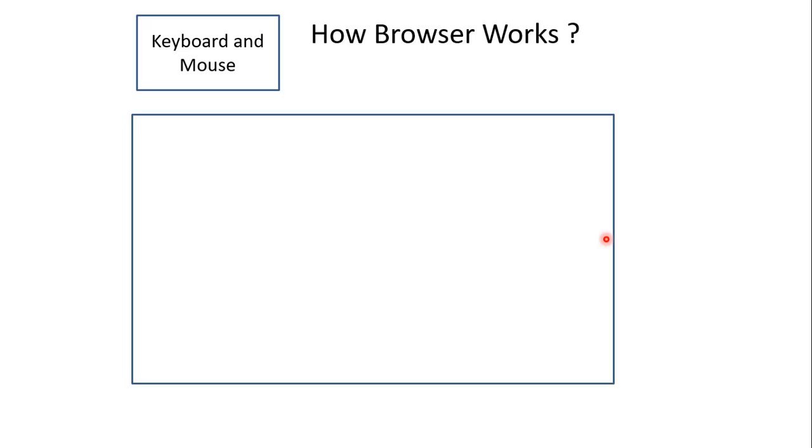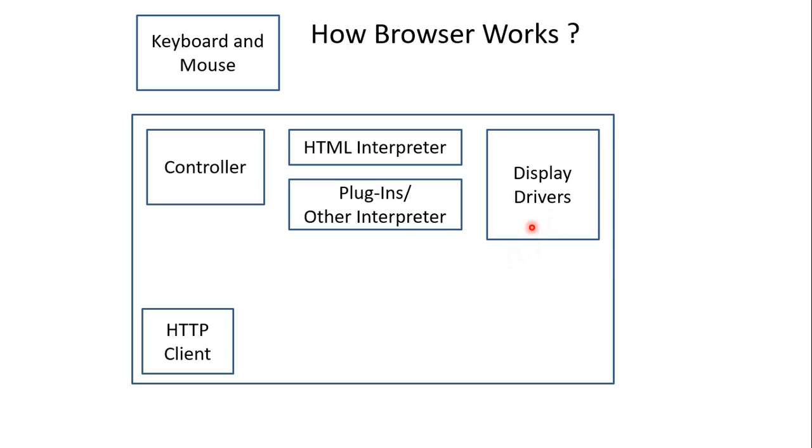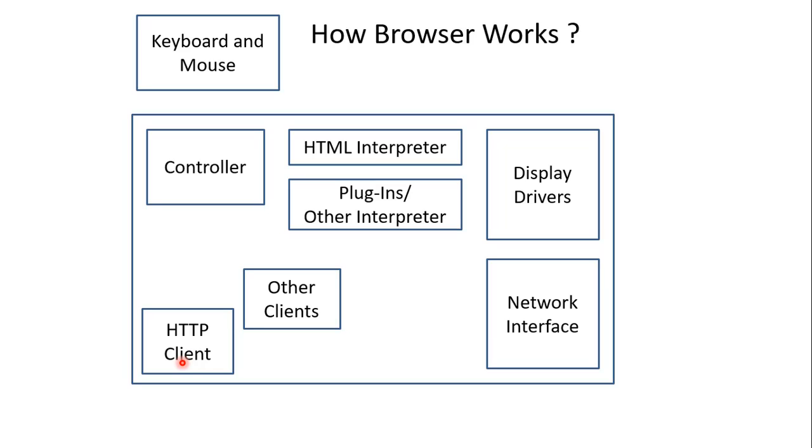Now, how a browser works. So we have the keyboard and mouse, we have a controller, then the HTTP interpreter, and here we have the display drivers. Here we have an HTTP client, a client server application, other clients, and a network interface.